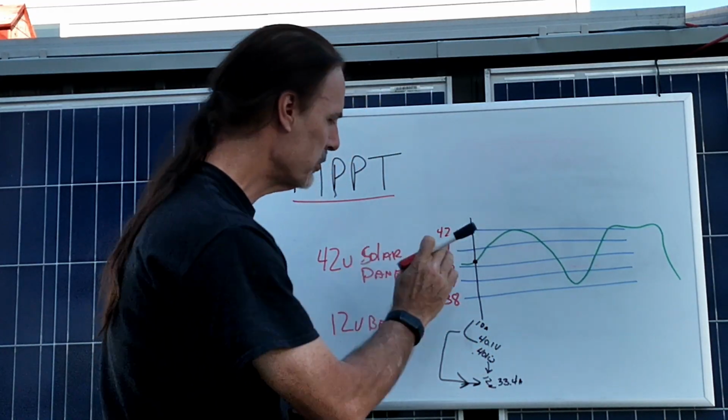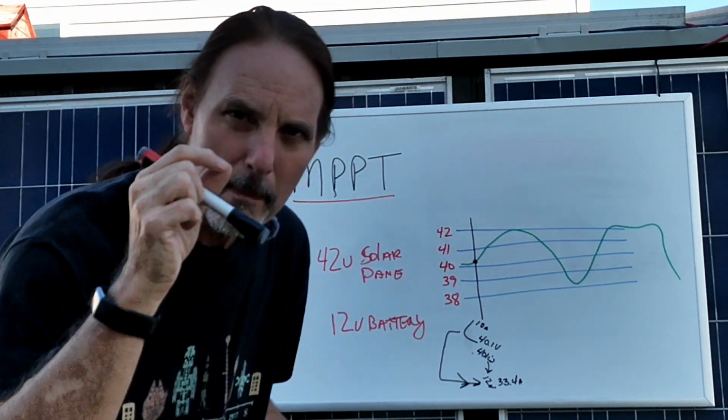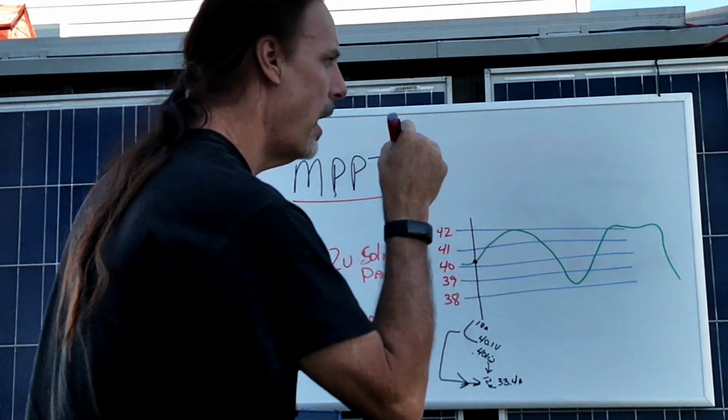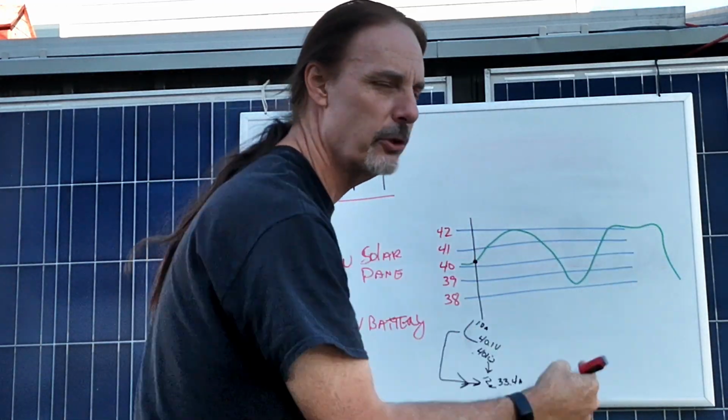The controller is just smart enough to sense where that maximum point of power is, and it tracks it as this goes up and down.